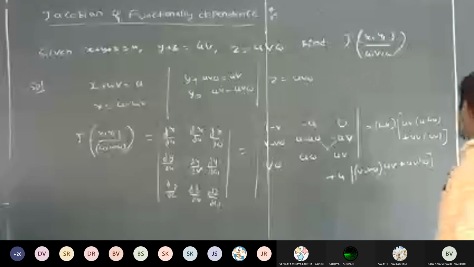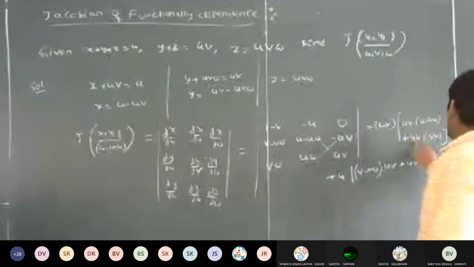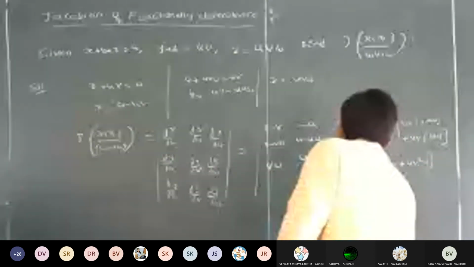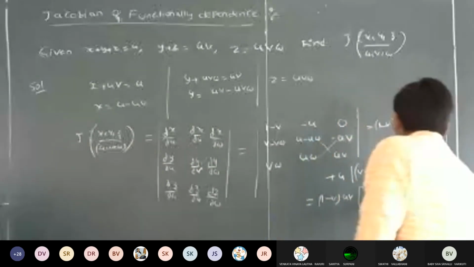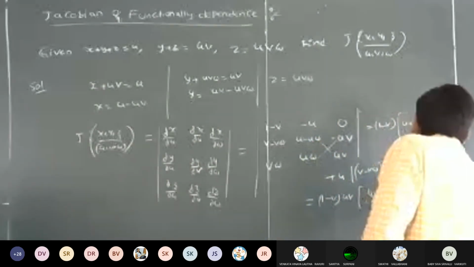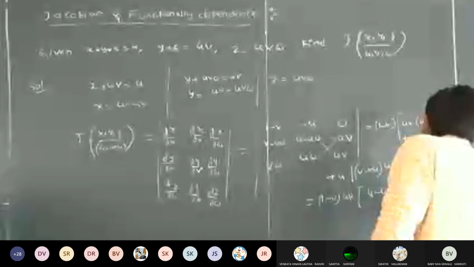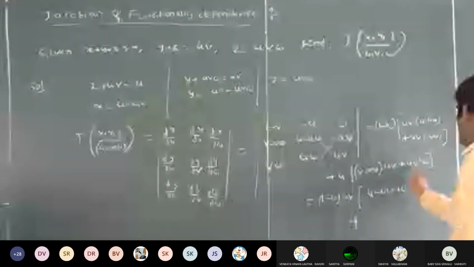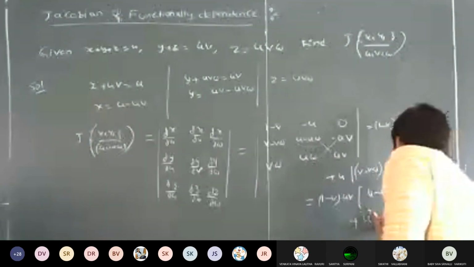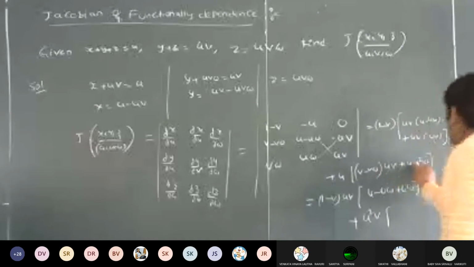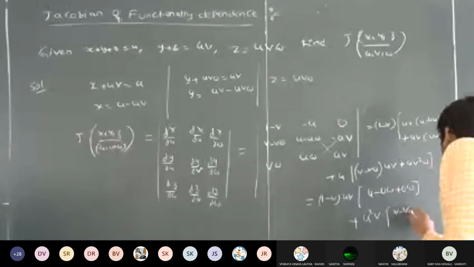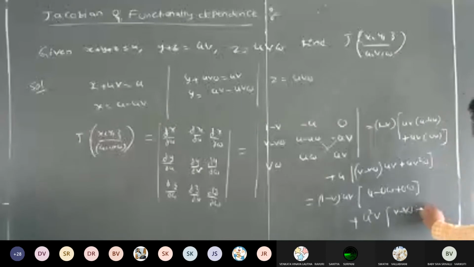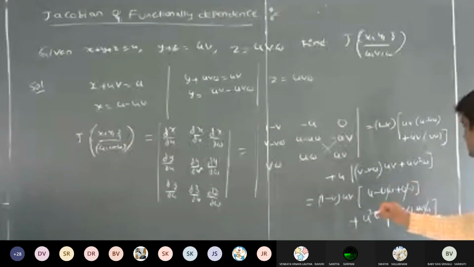So simplify this one. Here uv is common. So that is equal to 1 minus v into uv, right? So here u minus uw plus uw. The next one, here also uv is common, so it becomes u square v. So here v minus vw plus vw, so this one cancels, and this one cancels.